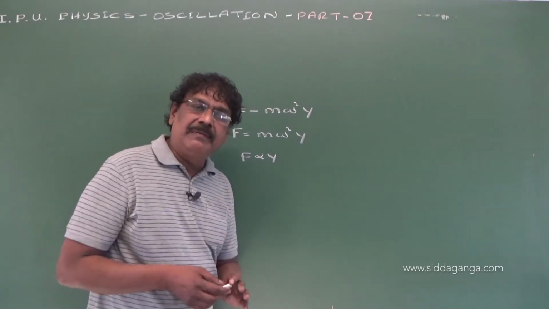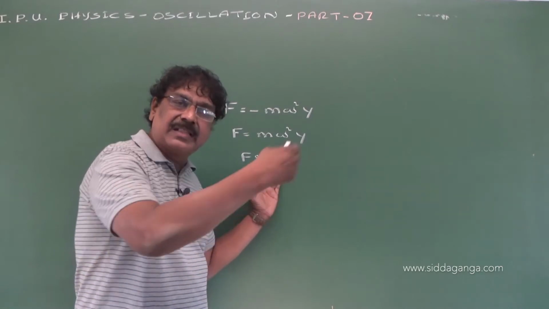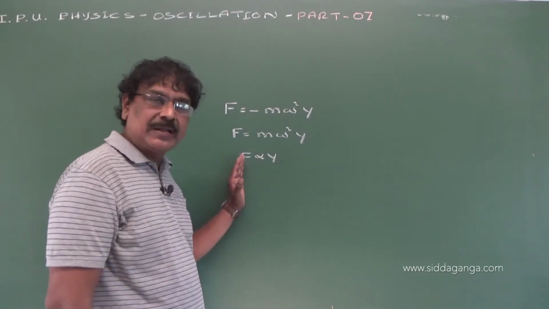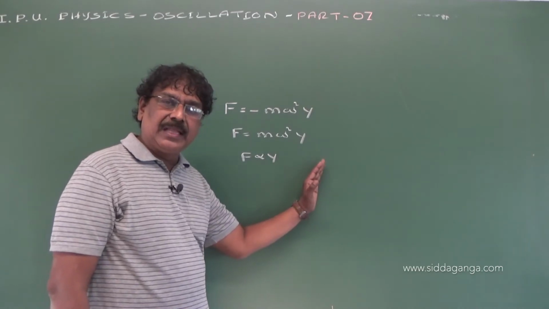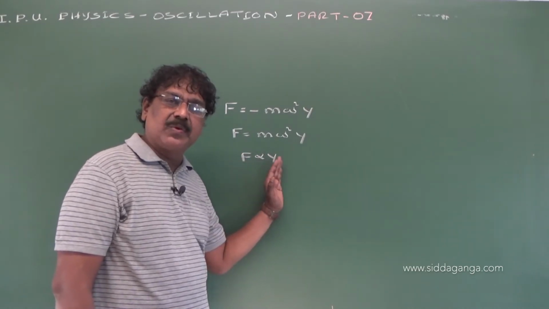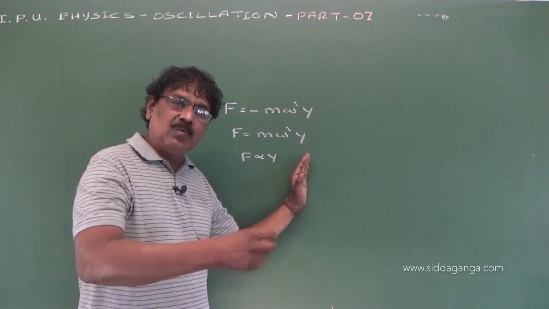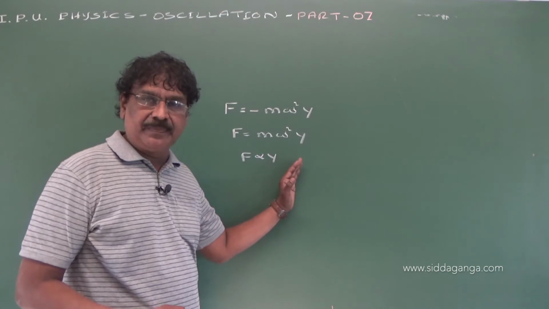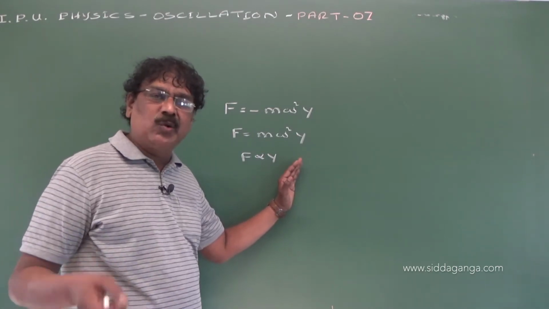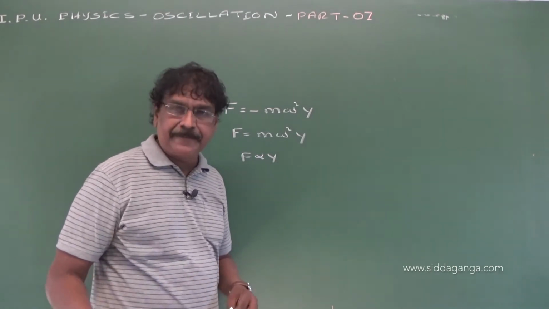Now we will take forward this concept. From this equation, F is directly proportional to y. The restoring force is directly proportional to displacement. So, the more the displacement of the body from its mean position, the more will be the restoring force acting on it.